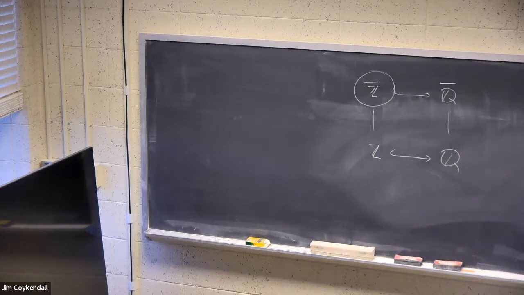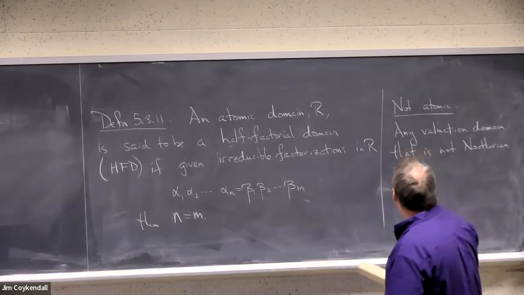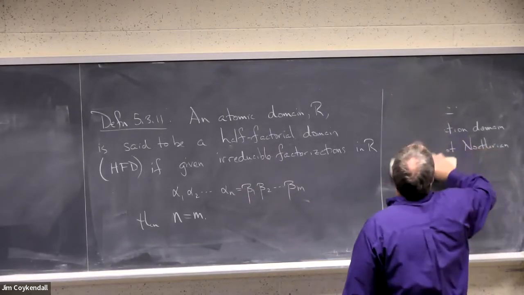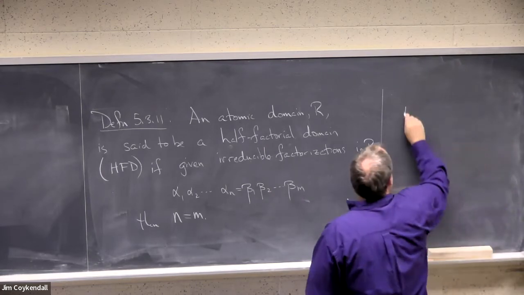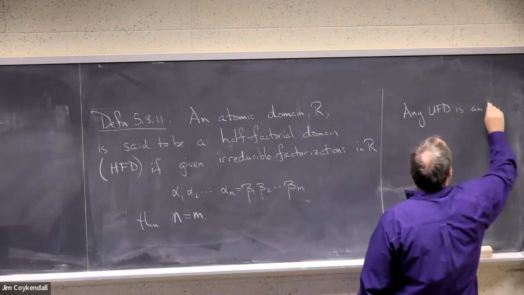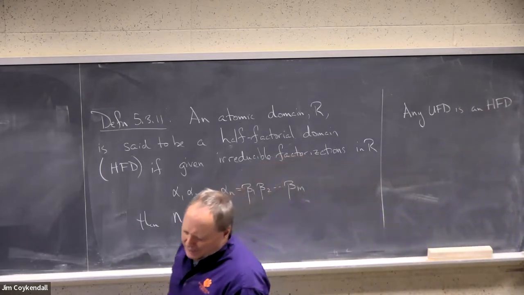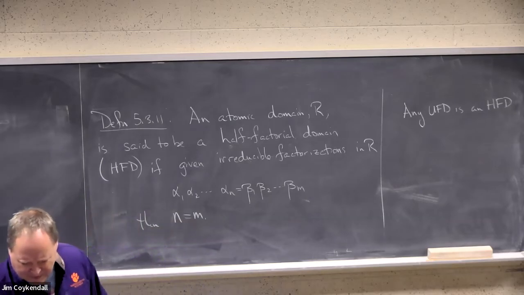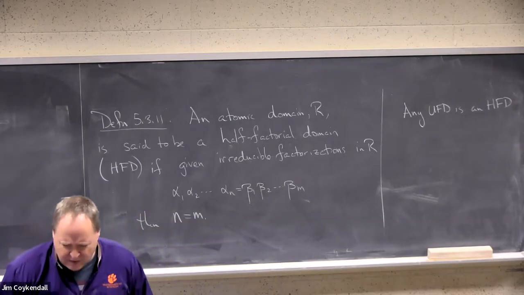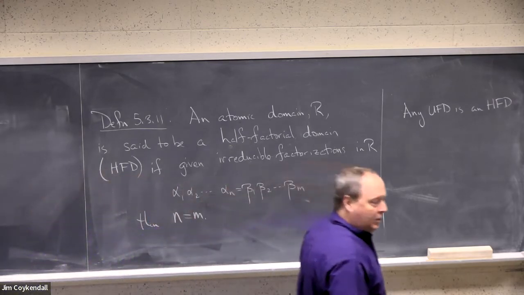But what we call this here is a half-factorial domain, right? The half-factorial domains are the ones that are atomic, and any two factorizations have the same length. So, of course, as we pointed out, any UFD is one, but this is extremely unsatisfying, because I'd really like to know that what we've come up with is a new class.